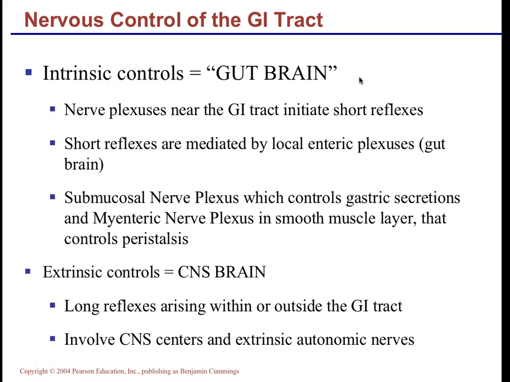I'll talk a little bit more about them in a bit, but the thing that's really important is that your central nervous system brain, your brain and spinal cord, can figure out that you have eaten. It does not do a good job at figuring how much you have eaten and what exactly you ate. And it's a big difference between a T-bone steak and 2 sticks of celery. The gut brain's job is to analyze how much you've eaten and what the content is: what percent of fat, what percent of carbohydrate, what percent of protein.